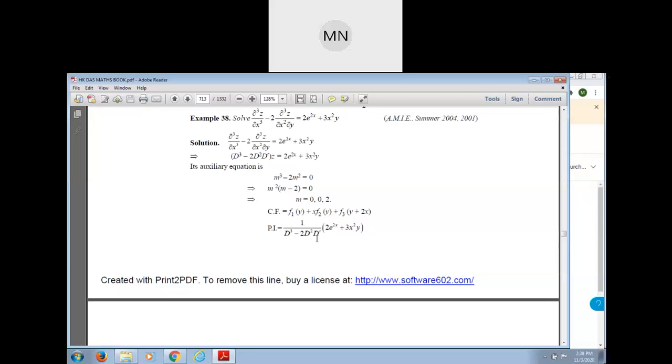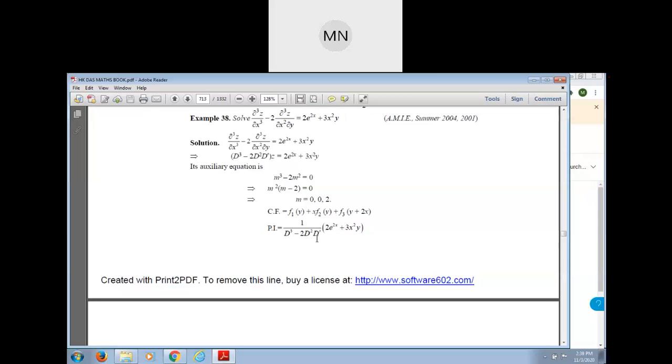Try to solve it and after that submit it in the group. I request all of you to try to solve the problem.